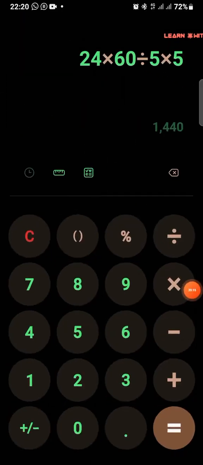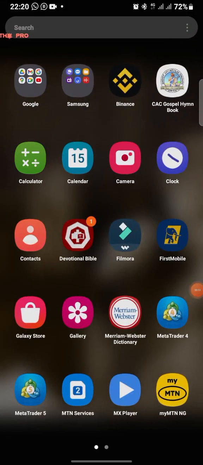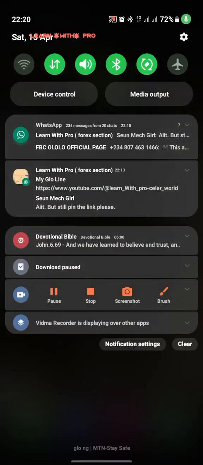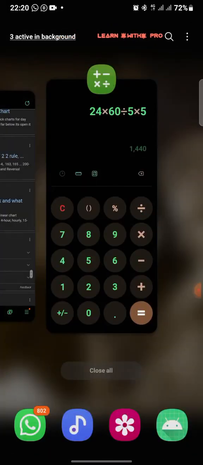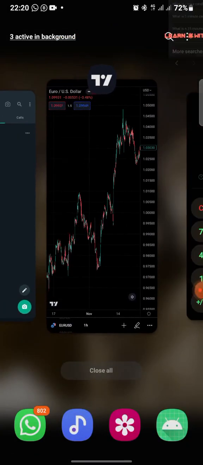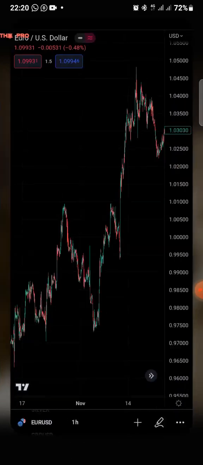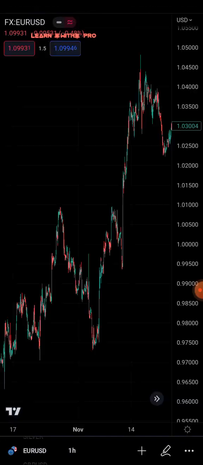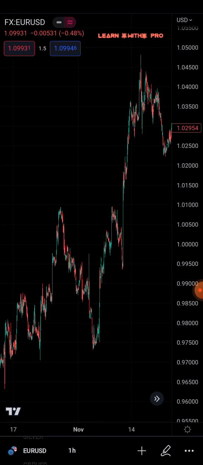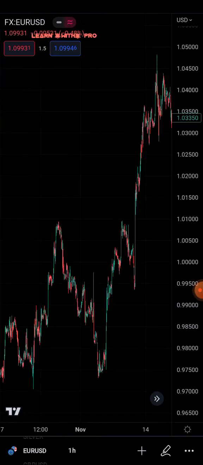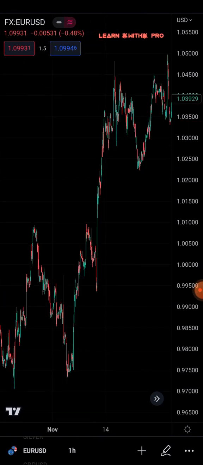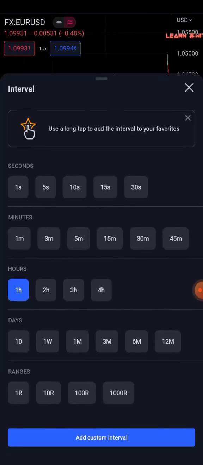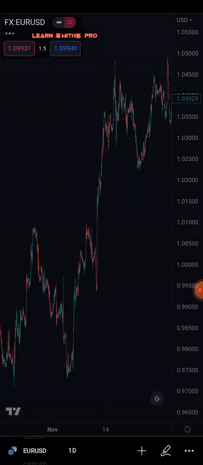That means the amount of pips that was made is 1440. And at least each of those candlesticks represents one pip. Let's go to a 1 day chart.